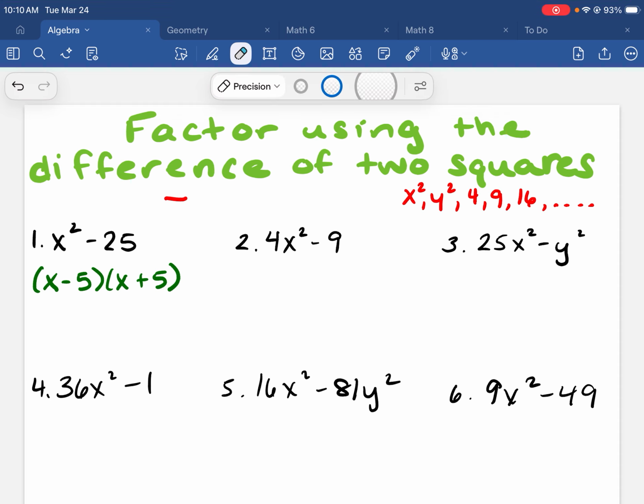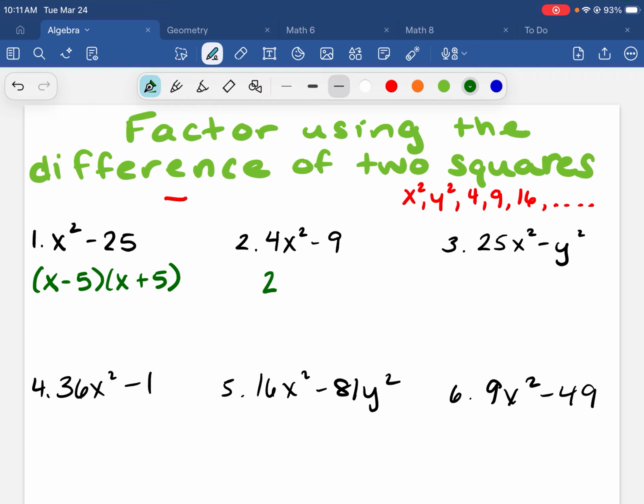But we're asked to factor. I don't want to keep that multiplying back in there. For number 2, 4x squared minus 9. Well, the square root of 4 is 2. The square root of x squared is x, and the square root of 9 is 3. So I have 2x minus 3 and 2x plus 3. If I were to multiply that back out, my first two terms, 2x times 2x is 4x squared.